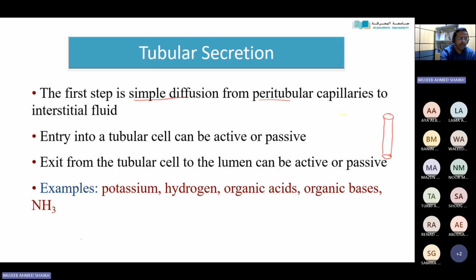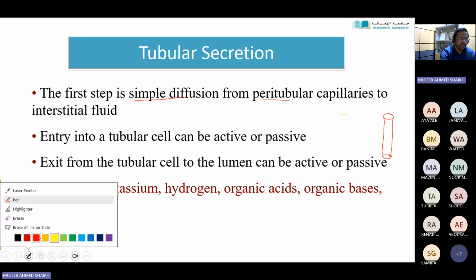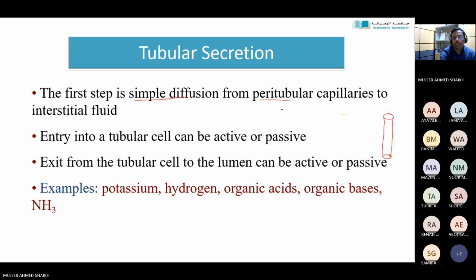I will make it black so that it is easily visible. So Bowman's capsule, proximal convoluted tubule, loop of Henle, descending and ascending limb. The first step is from the peritubular capillary into the interstitium.